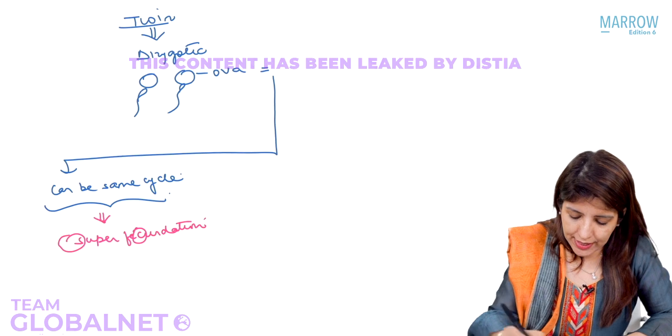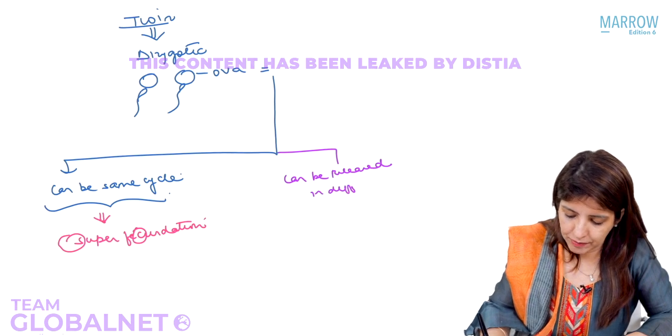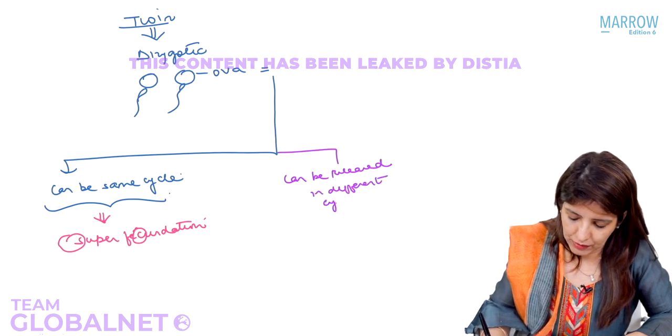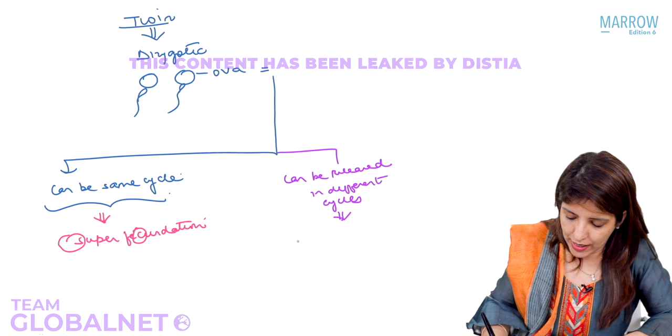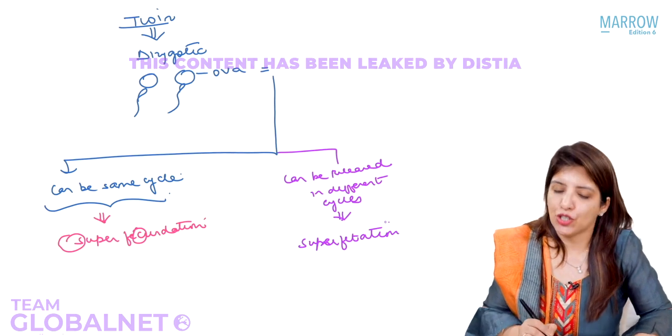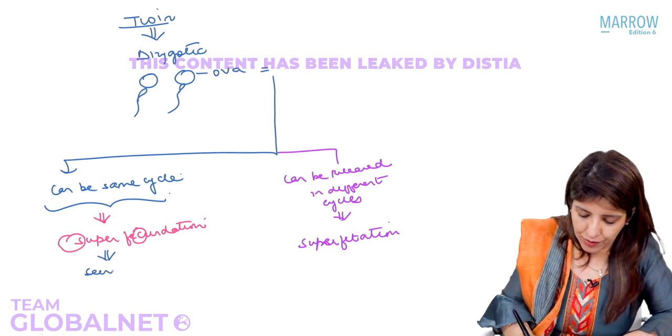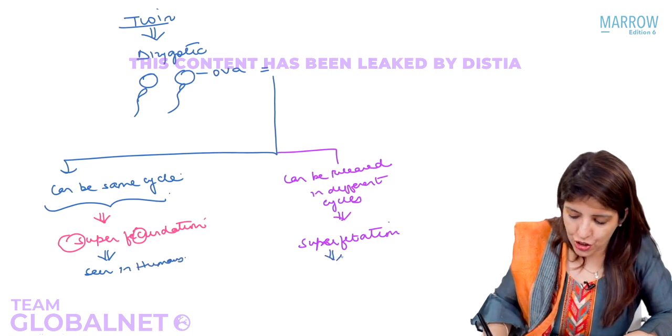Or they can be released in different cycles. This is called superfetation. Superfecundation is seen in humans, but superfetation is not seen in humans.